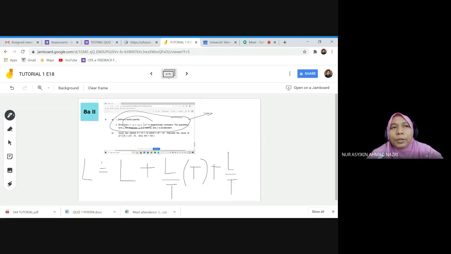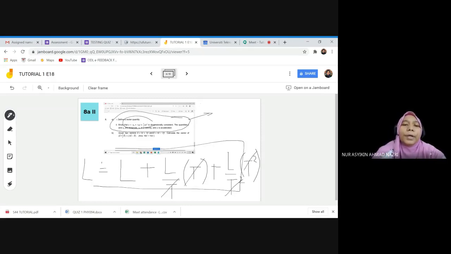Acceleration is distance over time power of 2, times dengan time power of 2. Okay, so now kita akan cancel out, cancel out, cancel out. So here you already proved that this equation is dimensionally consistent.